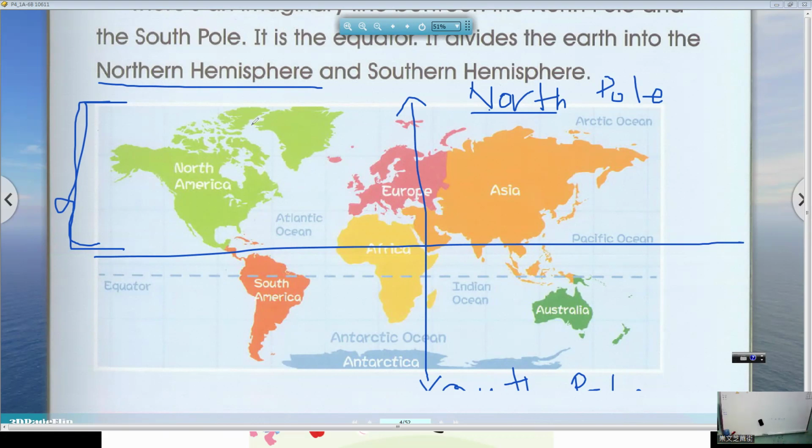And if it is south? Southern hemisphere. Very good. North is up, down is south.